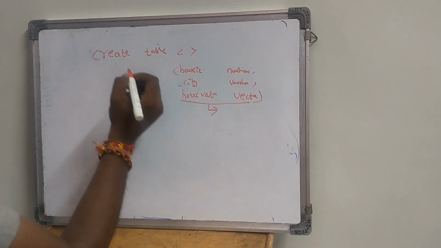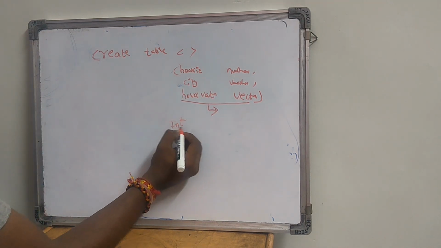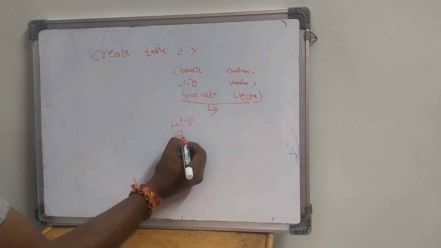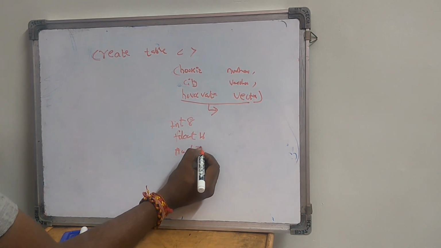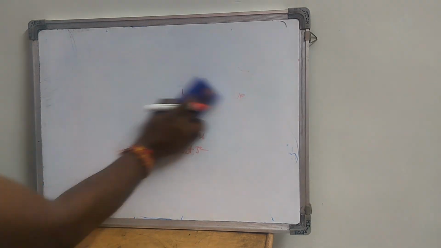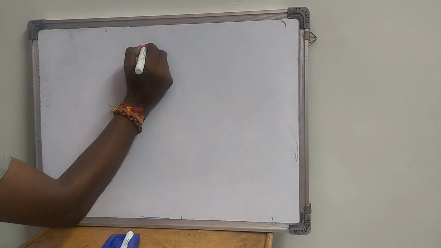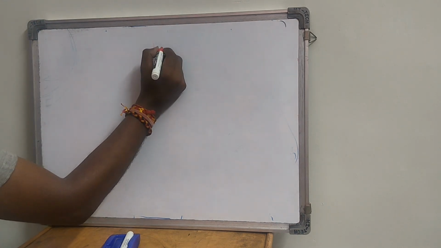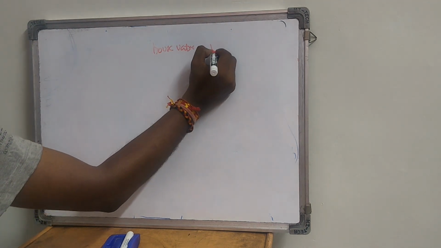The vector column supports integer, int8, float16, and float32. These are the storage formats it supports. Now, defining the vector column, we define the column name, suppose house vector, and the data type as vector.